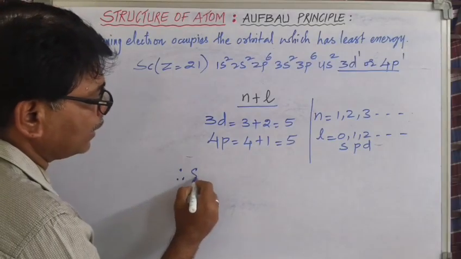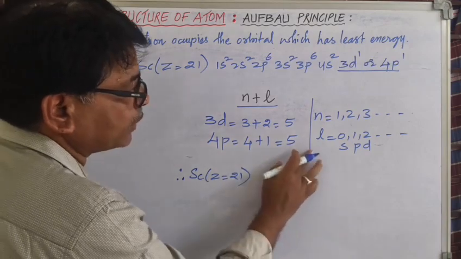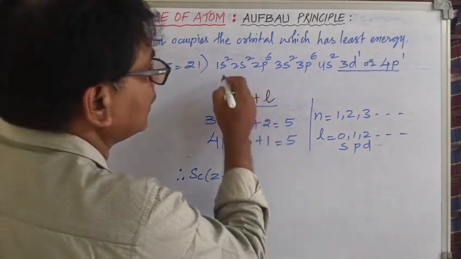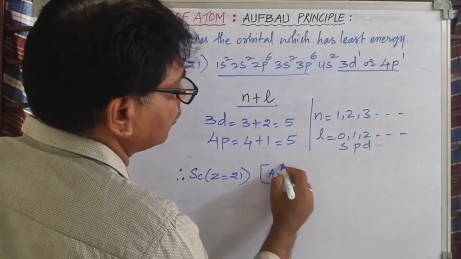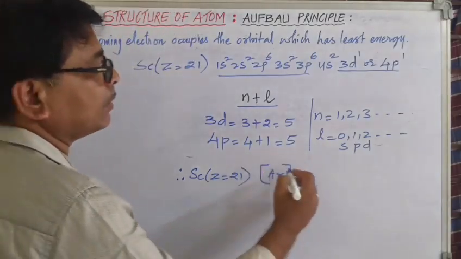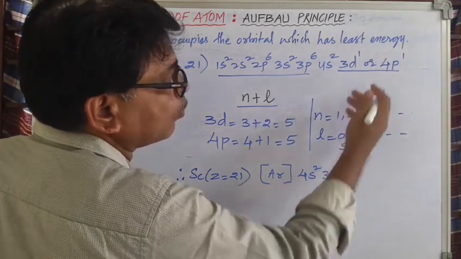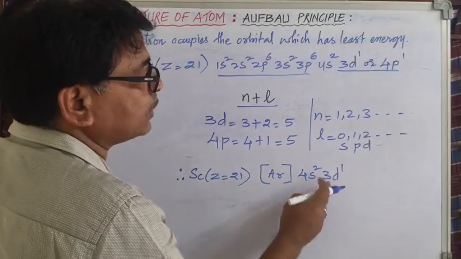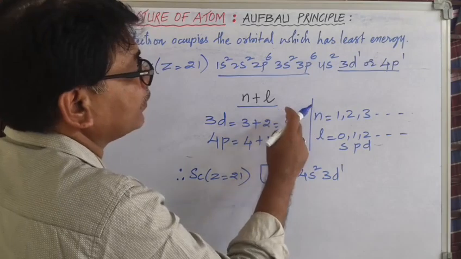Therefore, scandium atomic number is 21. So you need not write 1s2, 2s2, 2p6, 3s2, 3p6. Up to here you can just consider it as argon, because argon is an inert gas. And the remaining is what? 4s2, 3d1. No more 4p1 now, because 3d has the least n value; since both are the same, we have to go for this.